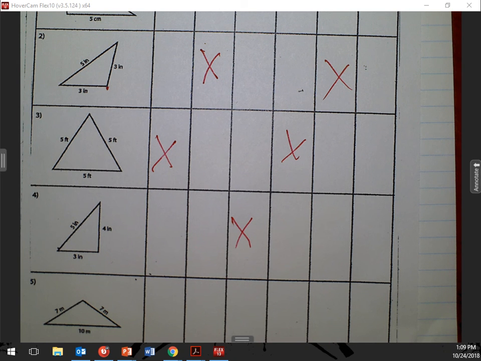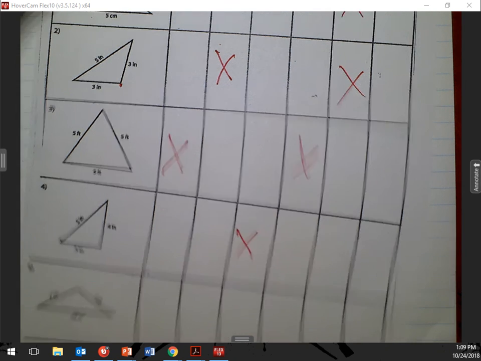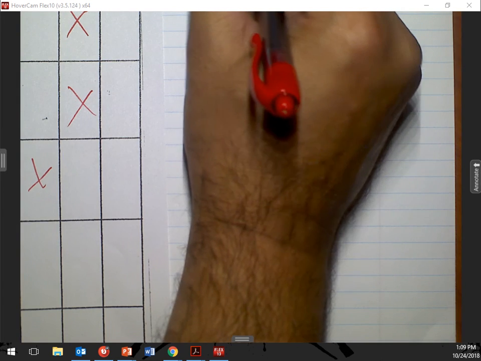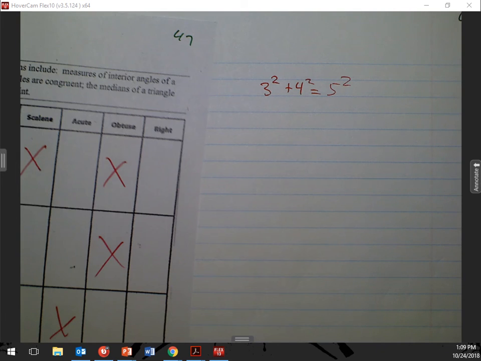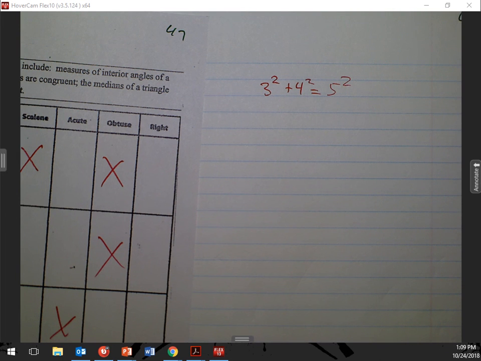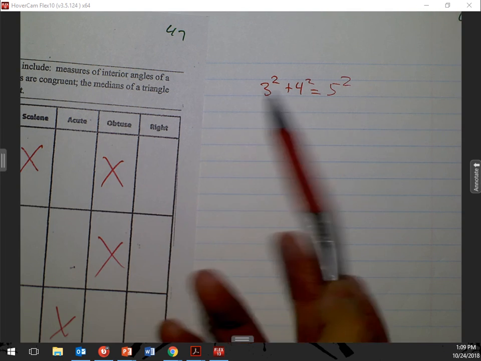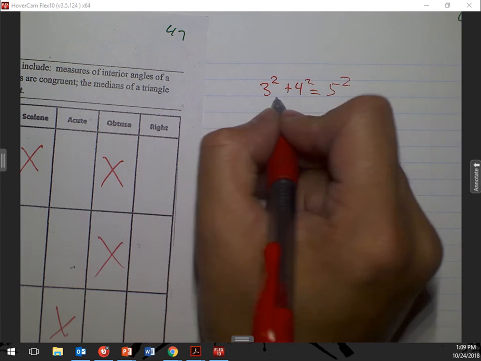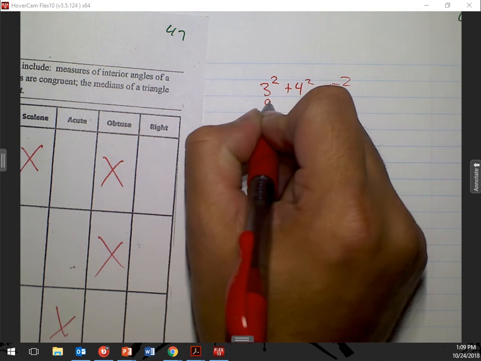Okay, I could do the math on this one and tell you, yes, it is a right. Why is it right? If I do the Pythagorean theorem here, 3 squared plus 4 squared equals 5 squared. My Pythagorean theorem works with all right triangles. So what is 3 squared? 9.